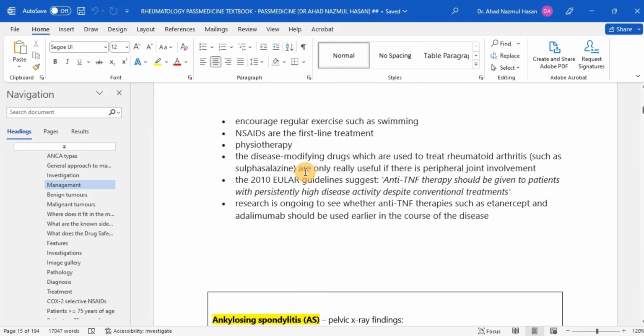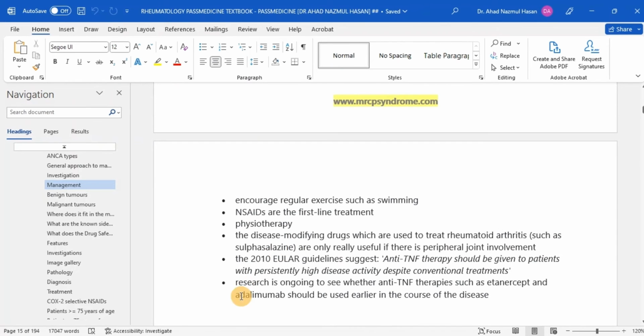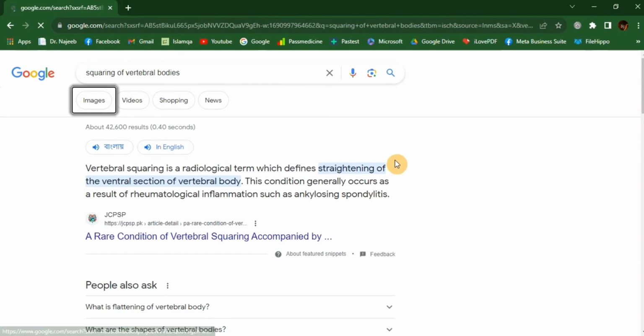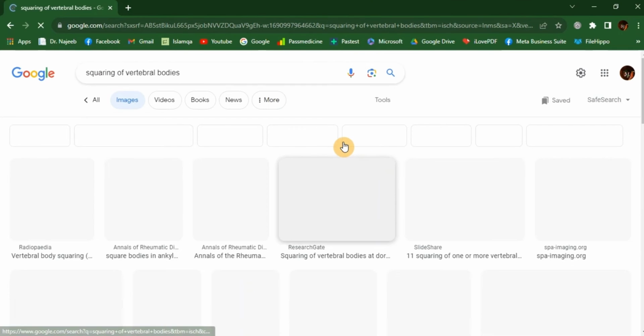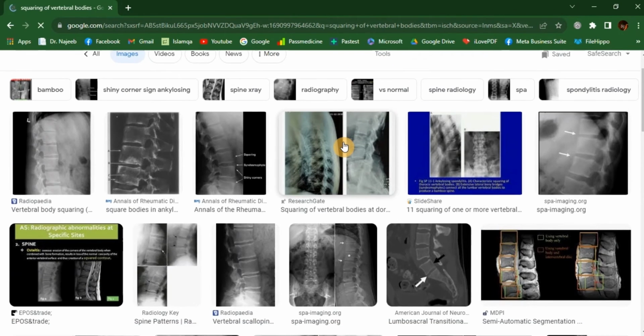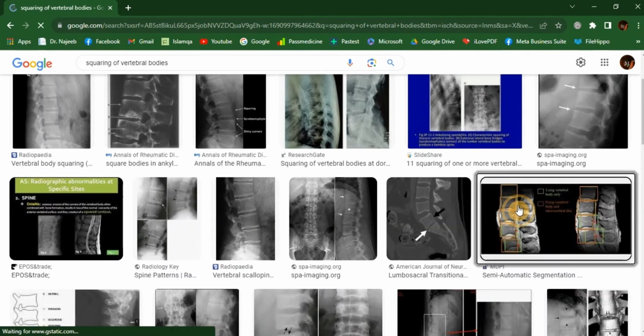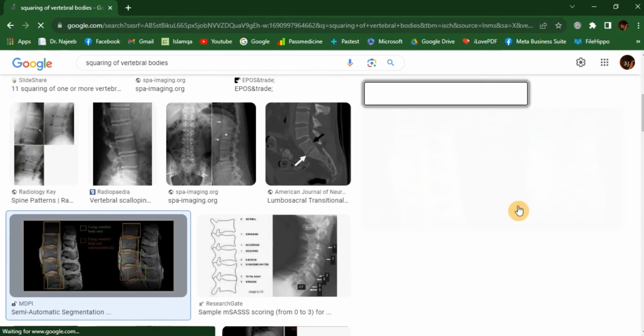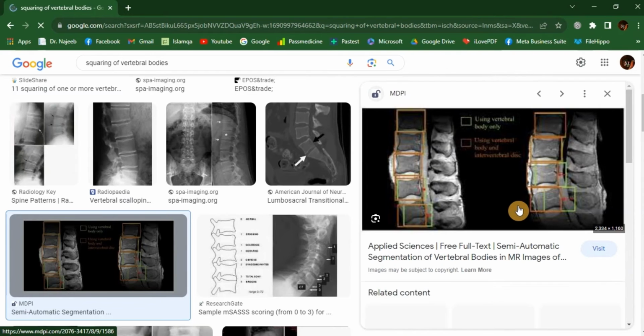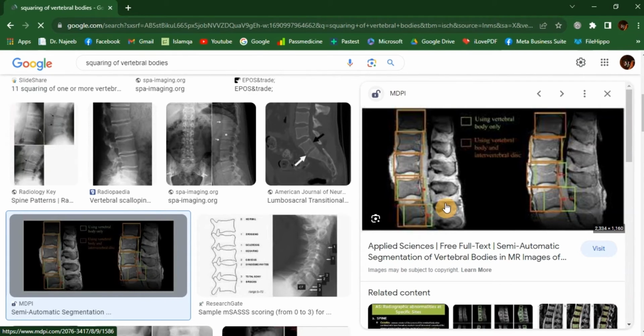Doctor, can you please show squaring once again? So look at here, the shape.